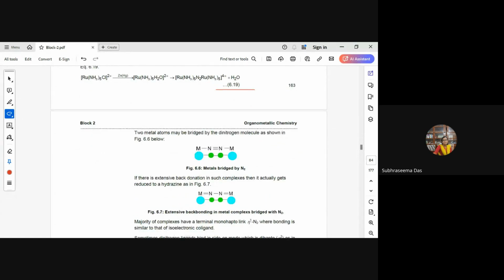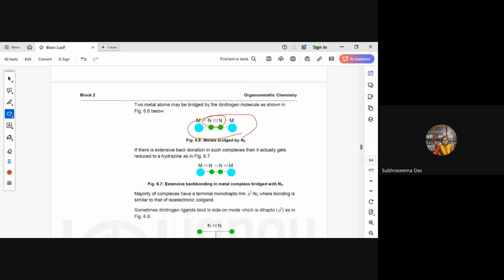The metals that can be bridged by the dinitrogen molecule are shown in figure 6.16. This is metal bridging by the dinitrogen molecule, and this is how nitrogen remains in the bridging structure. However, if back bonding occurs in these complexes, then the bridging structure changes to this form.